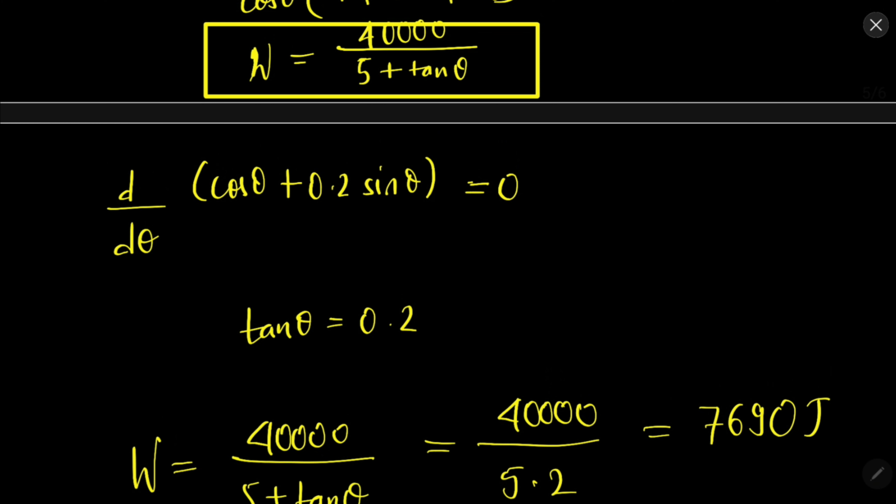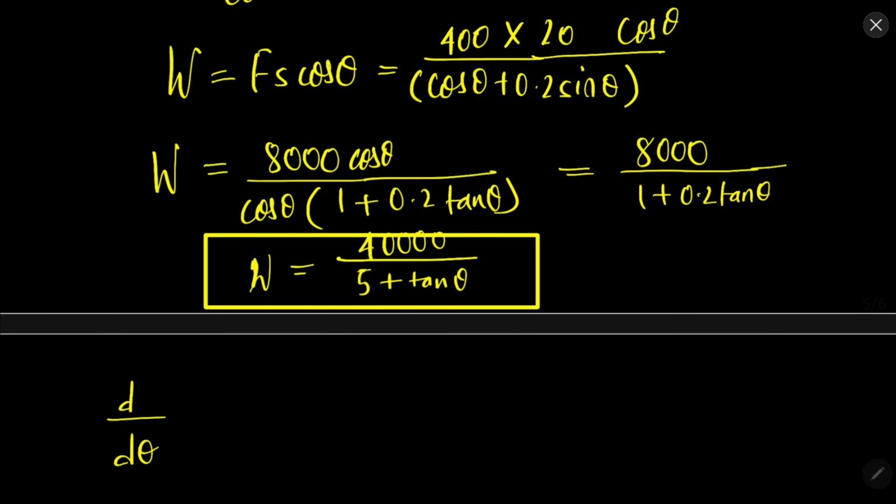Remember what we have done. Let me write it again so that you can understand it properly. It is mg over F cos theta plus this quantity, and this quantity below needs to be minimum.